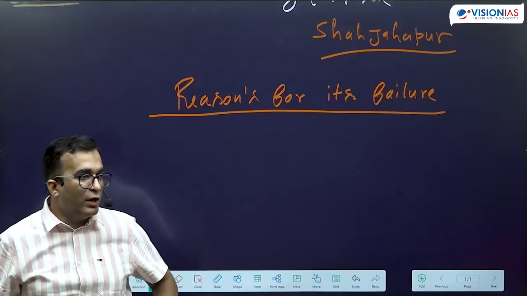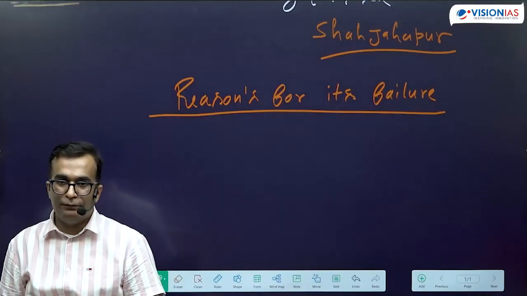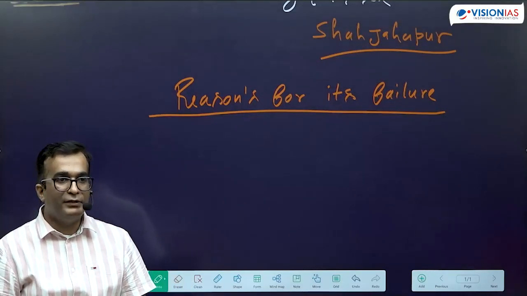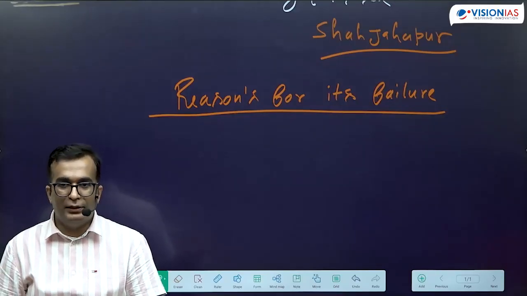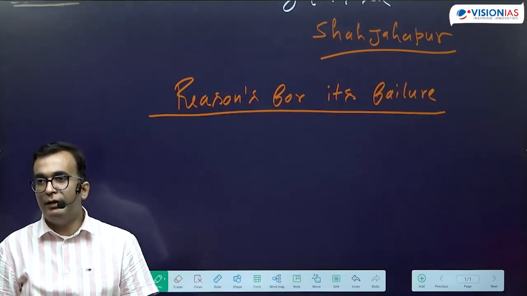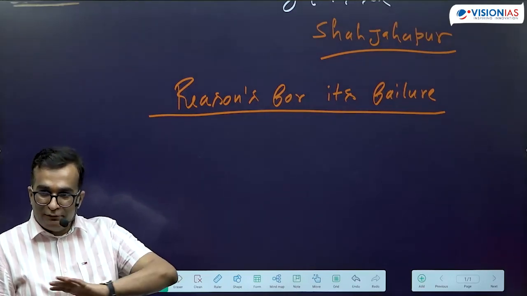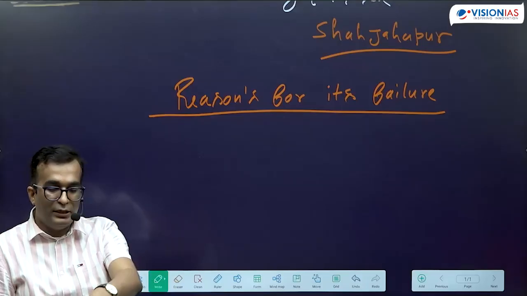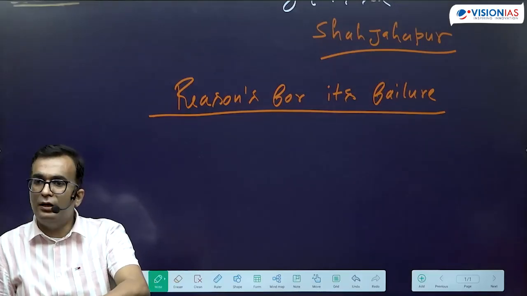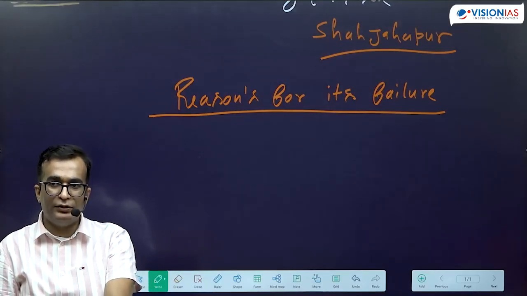Let's discuss one by one. Very first, let's start with the southern part itself. When we mentioned that the revolt engulfed major parts of northern India, central India, western India, eastern India, but the south was relatively unaffected.